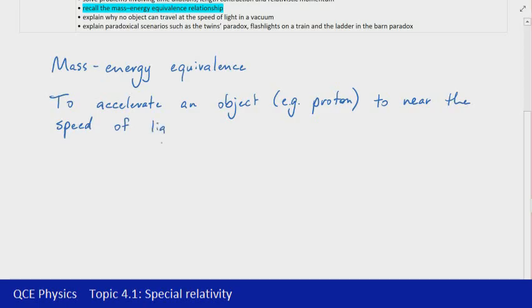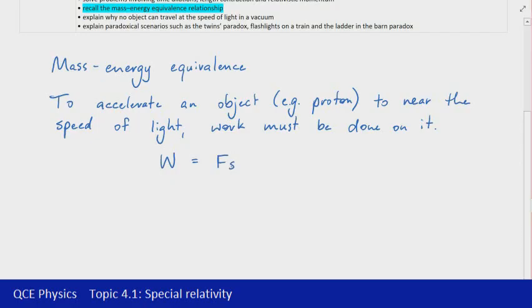In order to get the object to move at near the speed of light, we must actually do work on it. In the Large Hadron Collider, the work's done by electric fields as it accelerates protons by applying an electrostatic force to those protons. So we can go to the equation that we've seen there before, being W is equal to Fs as our starting point.